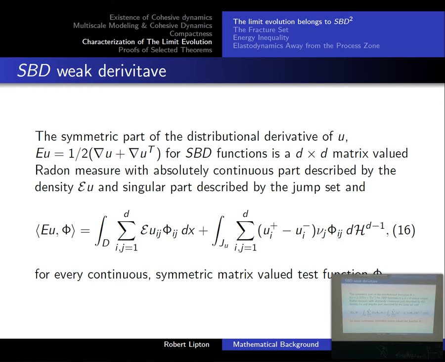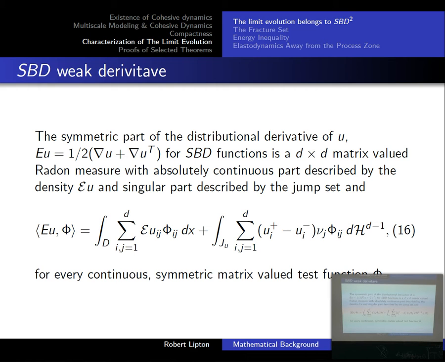So this is the weak derivative, and for the weak derivative of an SBD function, we only consider its symmetric part, and there it has two components: a jump part and the absolutely continuous part.